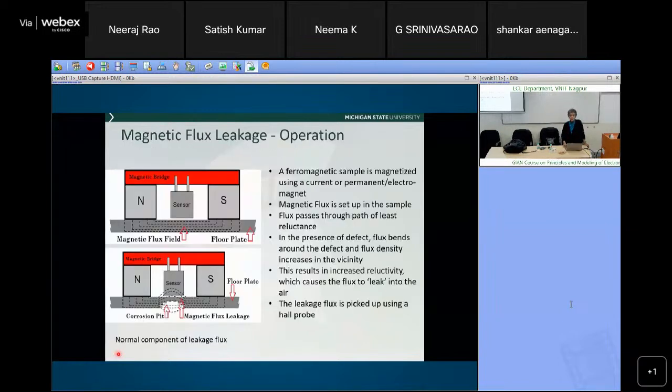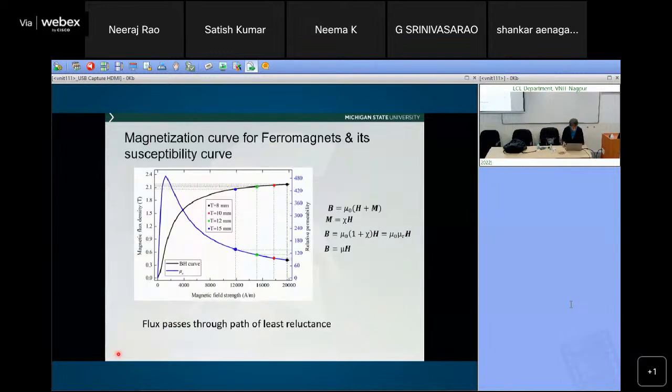Yeah, so the important thing to note is that mu goes to a maximum and then it reduces. When mu is maximum, the reluctance is minimum, and when mu becomes lower, the reluctance increases.